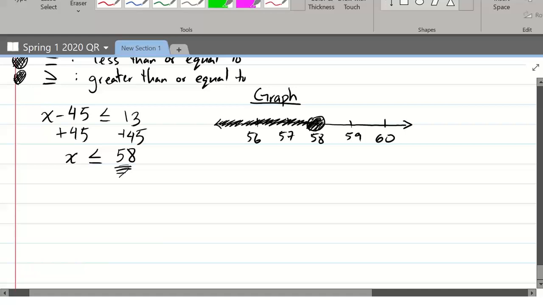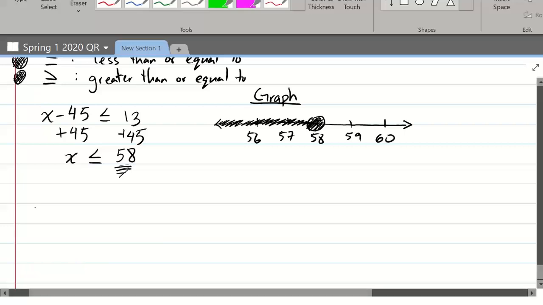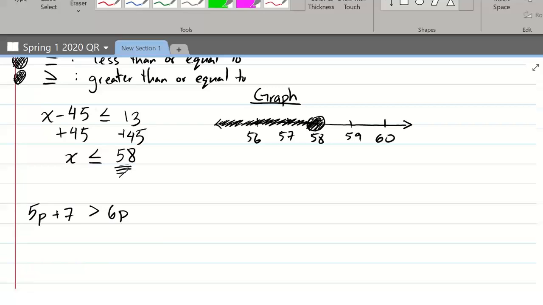Okay. Now, next example goes over this similar idea. 5p plus 7 is greater than 6p, right? In this case, we have variables on both sides, but we only have one set of numbers.